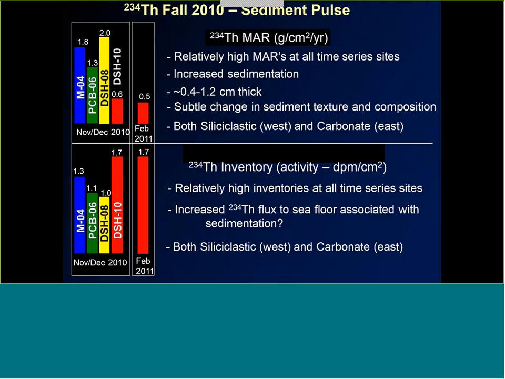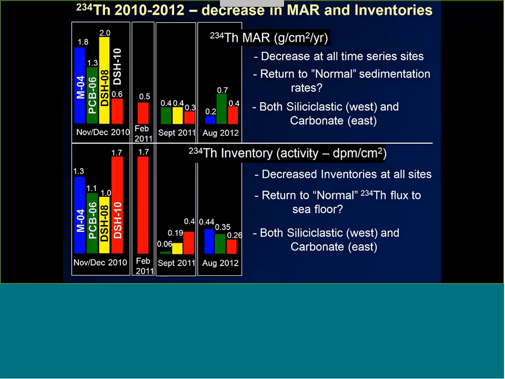These are the 4 time series sites, and once again, mass accumulation rates at the top, thorium-234 inventories at the bottom. These are high values. They're very high values for this type of system. Going to the next 2 years, notice how they both decrease significantly, both for mass accumulation rates and thorium-234 inventories.